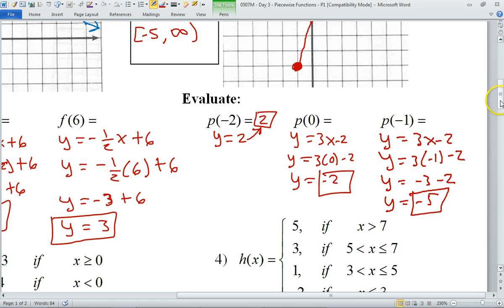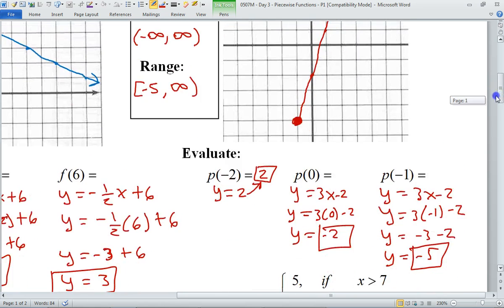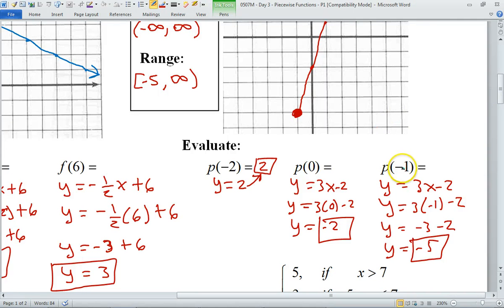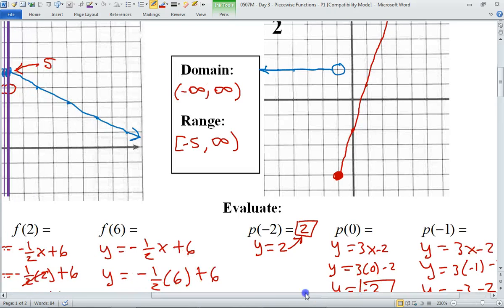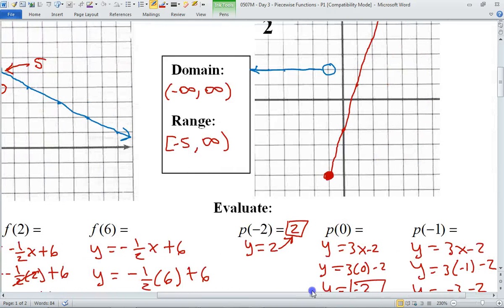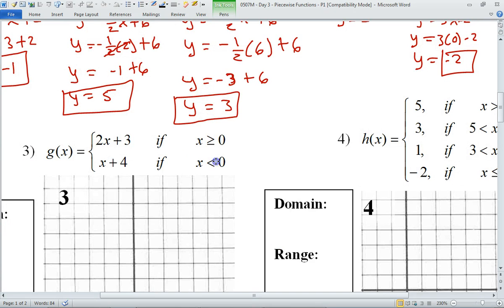Just one more time, let me check any one of those. Say if I wanted to check this negative 1 answer. If I want to evaluate at negative 1, then again, I could just take my vertical line.